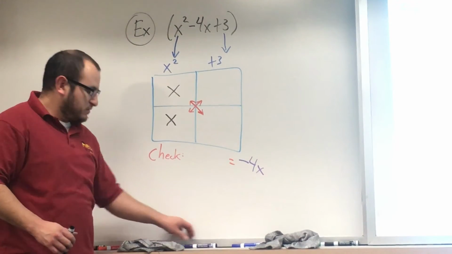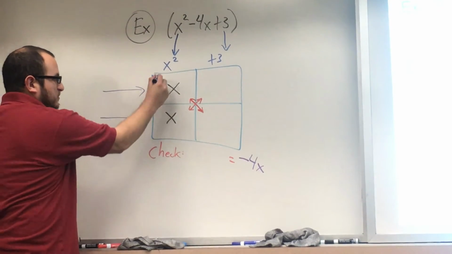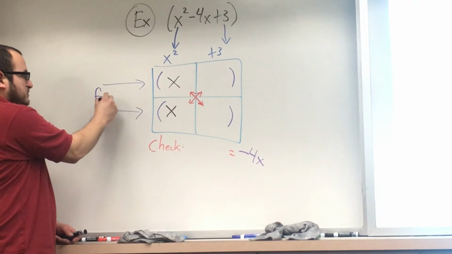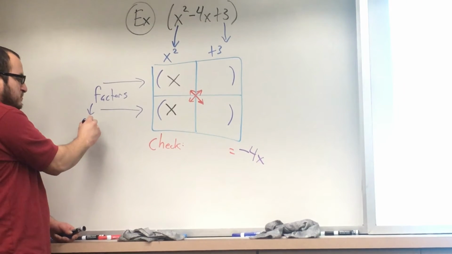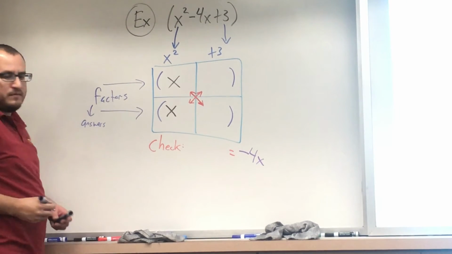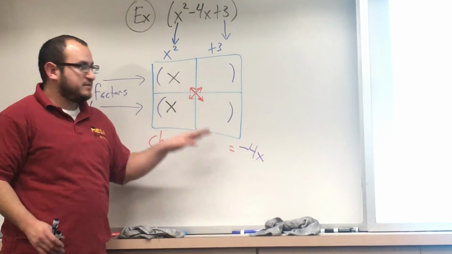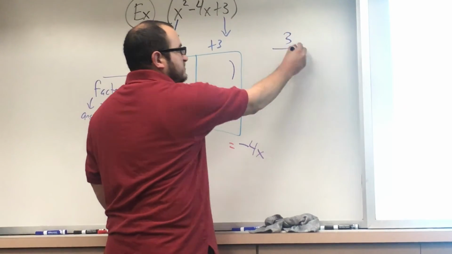All right. One thing to remember, our factors always go horizontally. So these are our factors right here. Okay? These are our factors. Also our answers. Okay? All right, so again, we're trying to get negative 4x, but we have positive 3. So let's list out all the possible factors of 3.